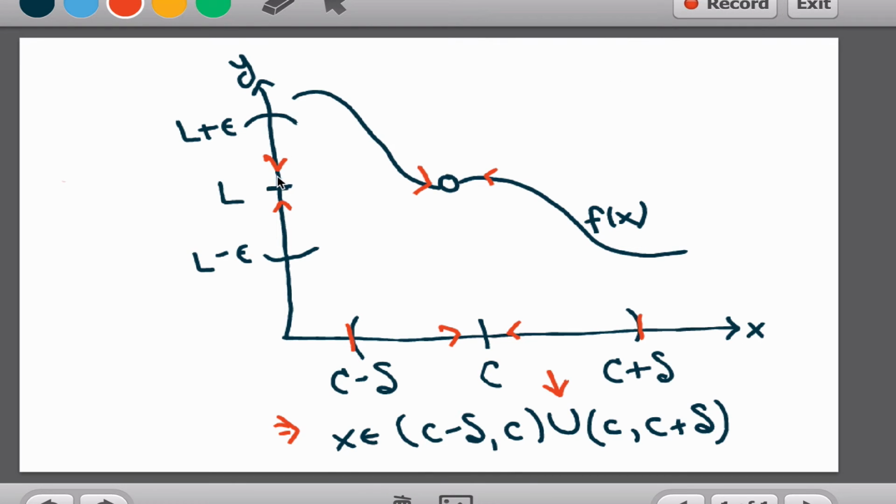If there is always some epsilon value, some small positive number around L, for example, epsilon could be right here.